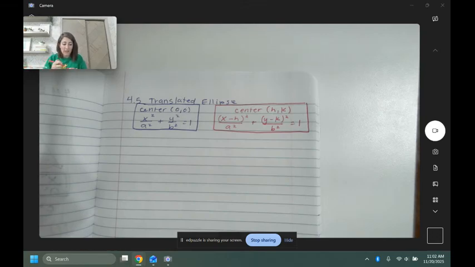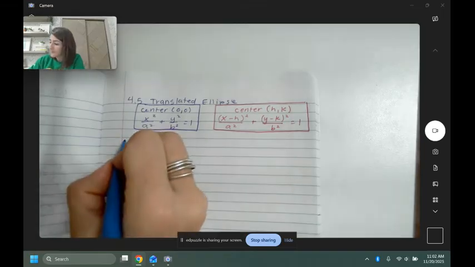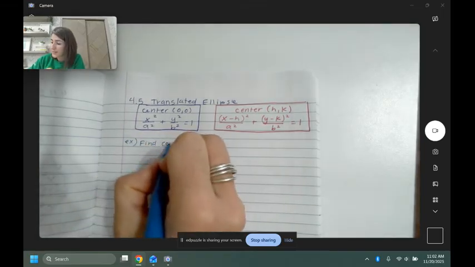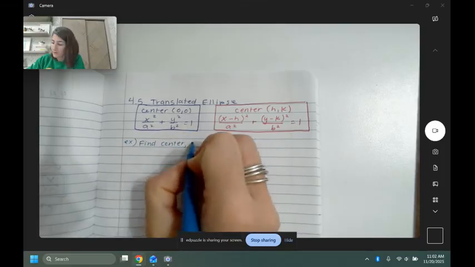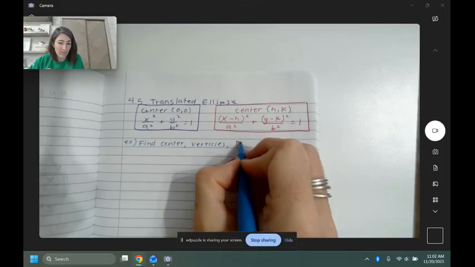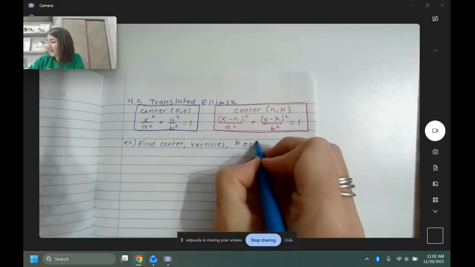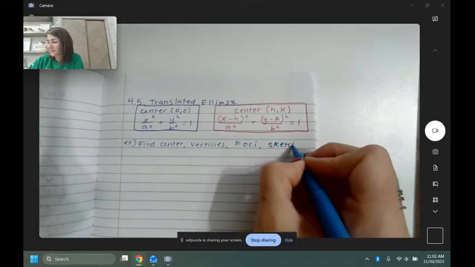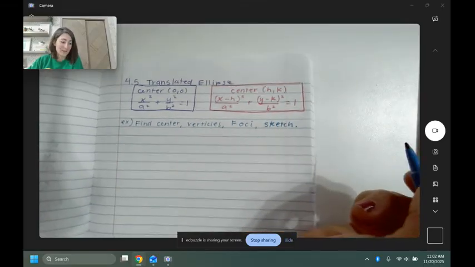All right, let's go over a couple examples. I want you to find the center, the vertices, the foci, and then also sketch the graph of the ellipse.